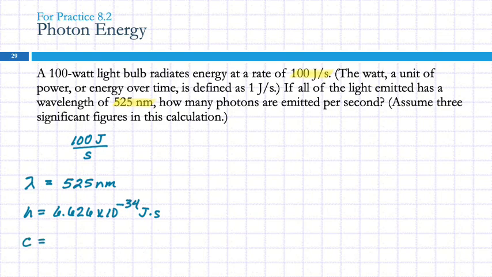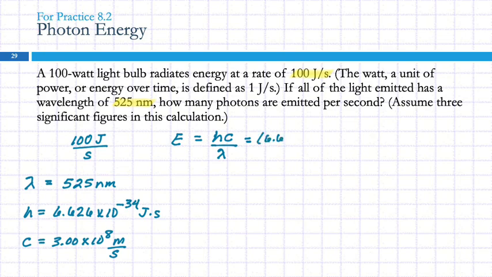The speed of light is 3.00 times 10 to the 8th meters per second. So the energy of the light is equal to hc over lambda. That's the energy of one photon of the light, one piece of it.